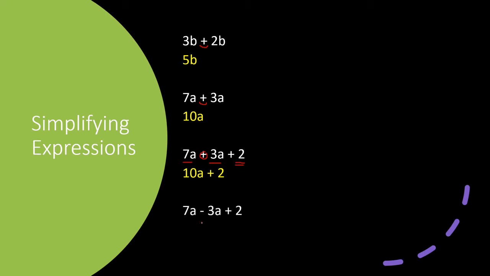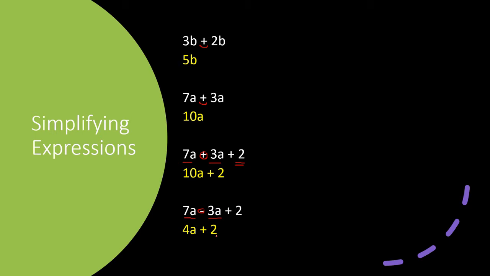Let us look at one more example. On the next example, we have a minus now. We have a subtraction, and it's okay. These two are like terms, and we're going to combine them by doing what this symbol is asking me to do, which is subtracting. So I'm going to subtract 7 minus 3. 7 minus 3 is equal to 4. The a comes along for the ride, and the 2 comes along, like so. Very nice, my friends.